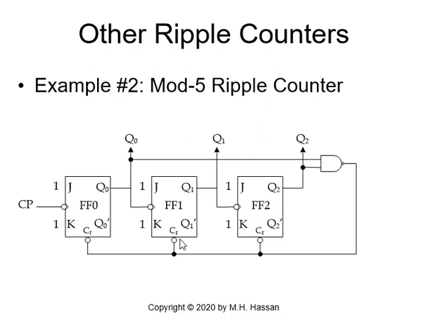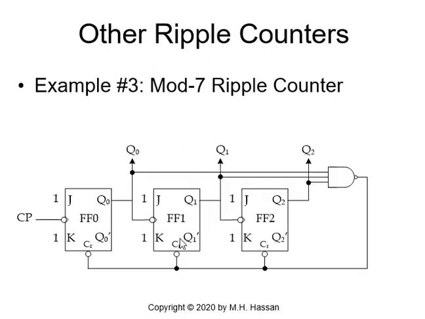This will allow me to design a mode 5 ripple counter. So I will see 0, 1, 2, 3, and 4, but when I hit 5, the counter will clear fully, and I go back to state 0.